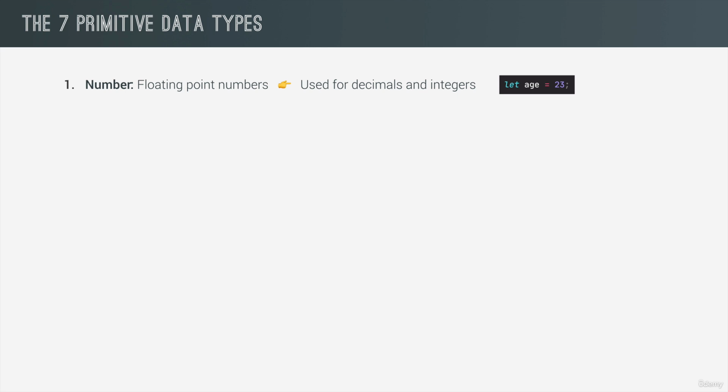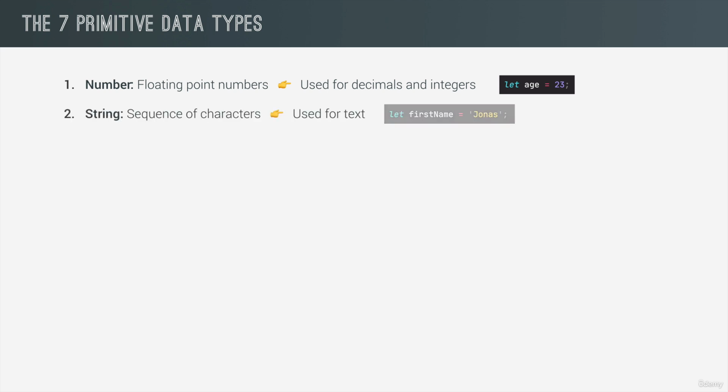For example, the 23 value that we have here is exactly like having 23.0, but they are both simply the number data type. In many other programming languages, you will find different data types for integers and for decimals, but not in JavaScript. All numbers are simply of the type number.